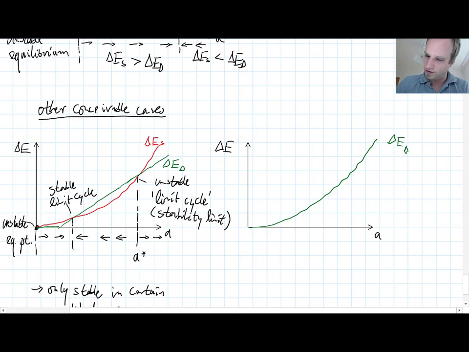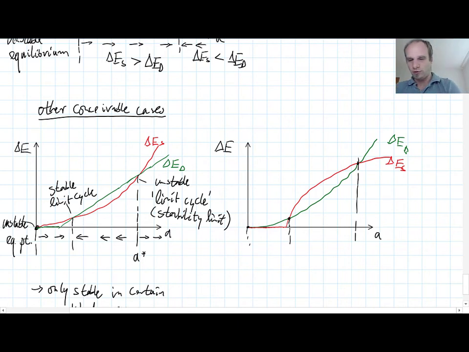Now this dissipated energy shall take this form, and let's assume we have supplied energy like this. At some point it takes this form. Then again we have here an intersection, there we have an intersection, and another one.